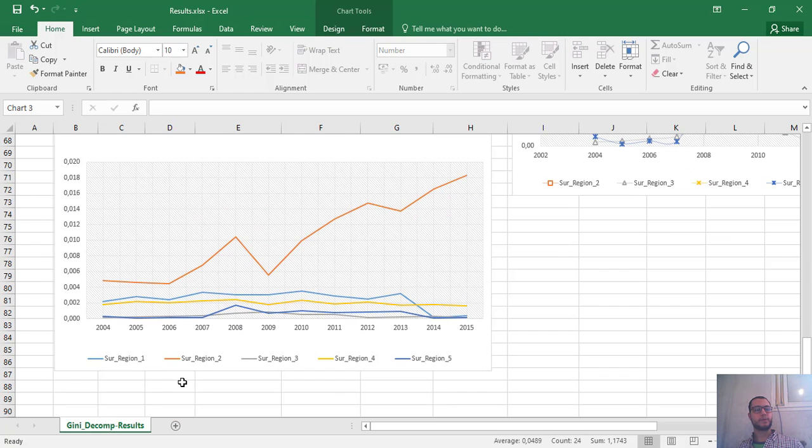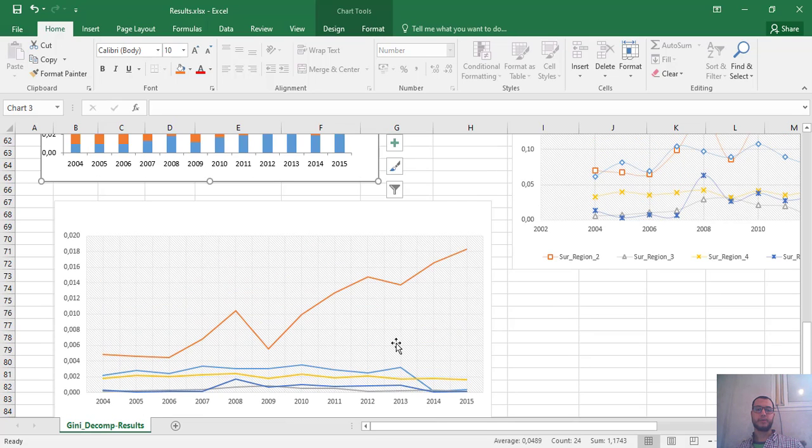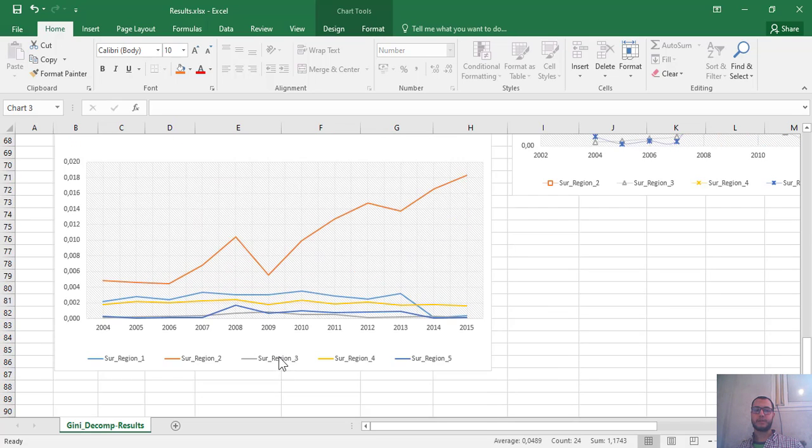And here we have the evolution of the contribution of each third region to the total GDP. As you see, the third region contributes more to the total GDP.